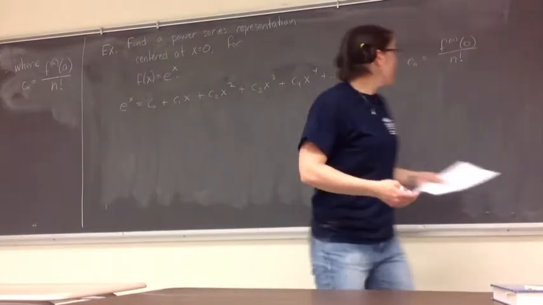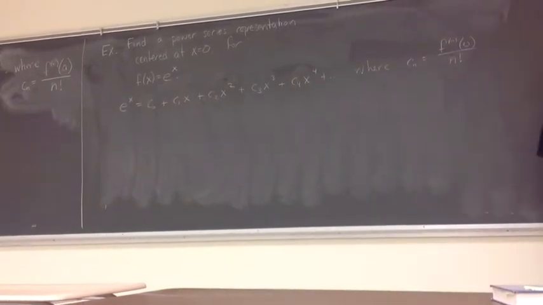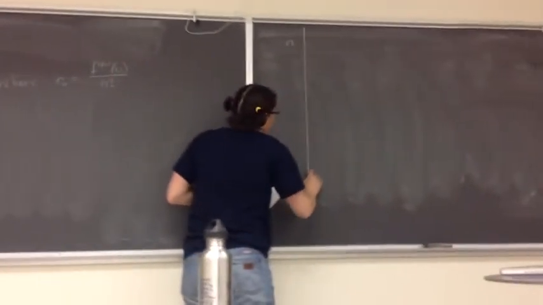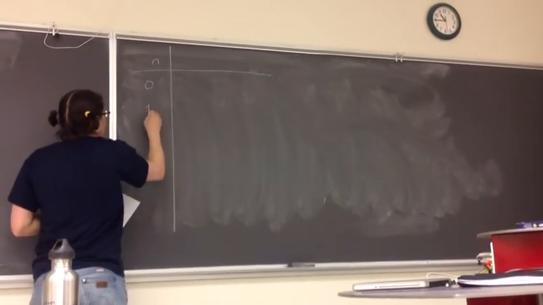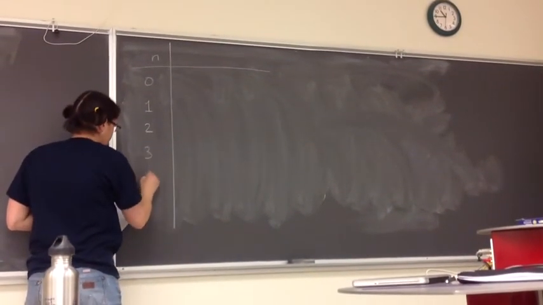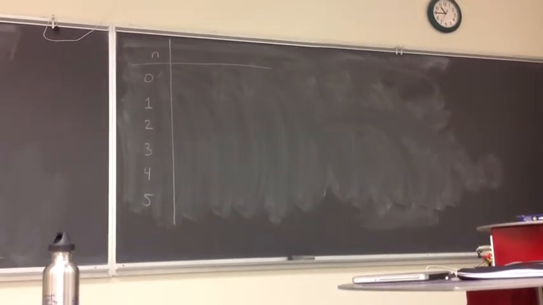So in order to figure out all of these coefficient values, I'm going to create a table, and my first column is going to be the n value. And so we'll have n equals 0, 1, 2, 3, 4, 5, and hopefully after we get to 5 we'll have a nice pattern going on.